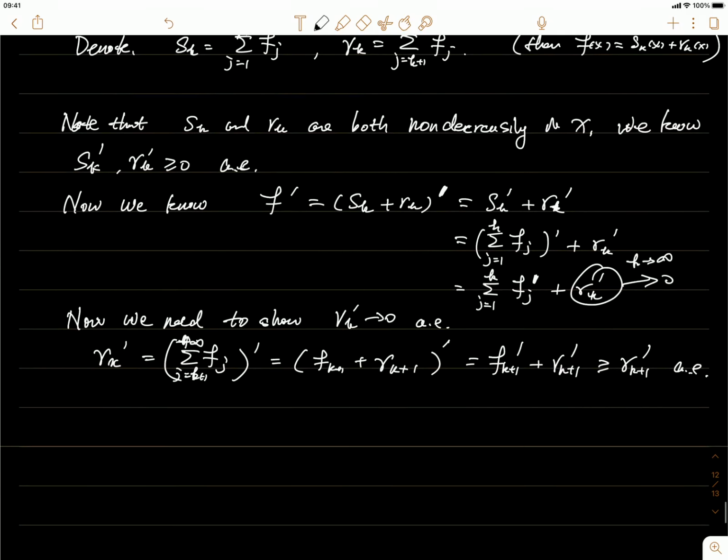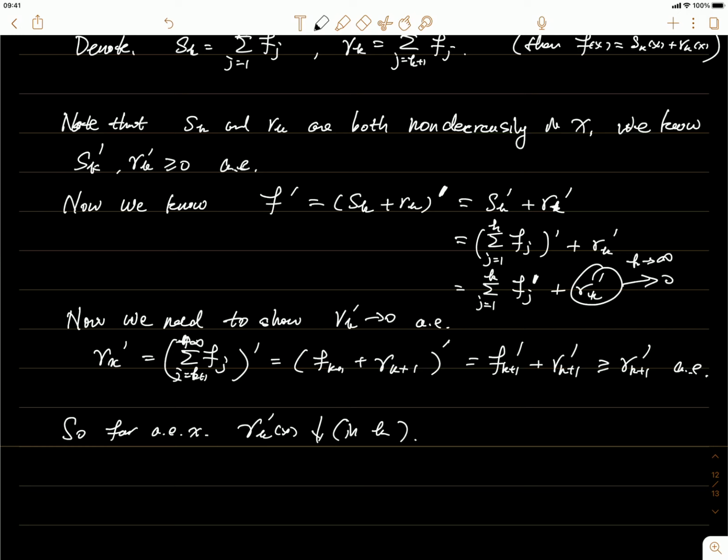And now I know that for almost every x, r_k prime of x is decreasing in k. It's decreasing in k, and every one of them is greater than or equal to 0.